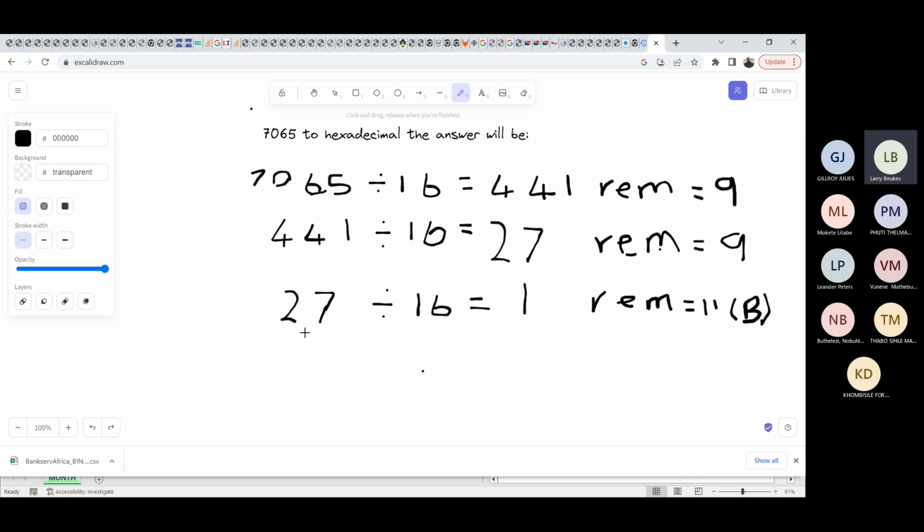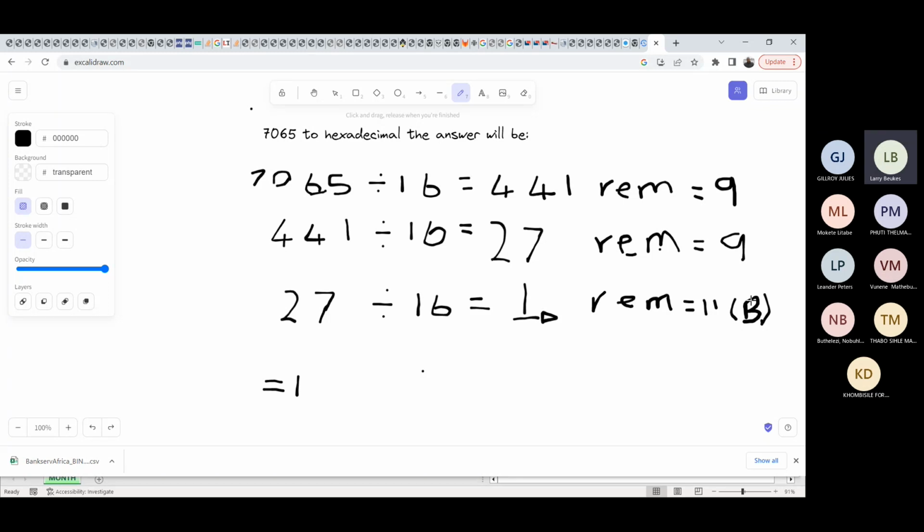Right. So now what's your answer? Your answer is 1. You take this one, right? The last number that was divisible, you take this. If this was a 2, you are going to take a 2. The last number that was divisible, basically. So it's a 1.